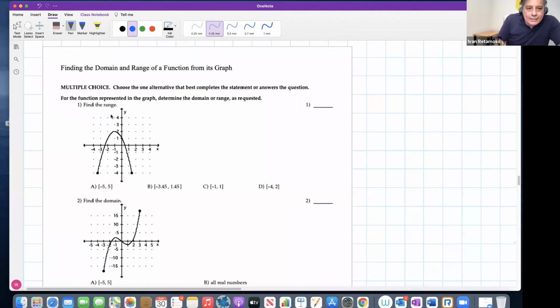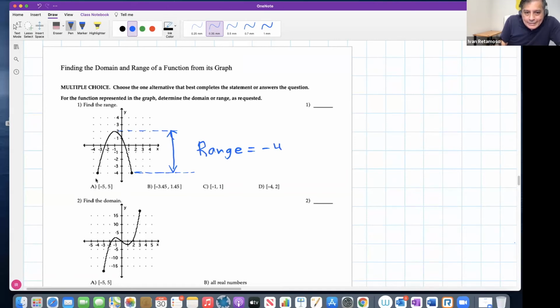I recall that the range is captured by the largest value and the lowest value of y's, right? The output values. So clearly for this graph, these two are the largest and the lowest values, right? So from there, I can say that the range should be the lowest y value is clearly -4, as you can see there, right? -4.